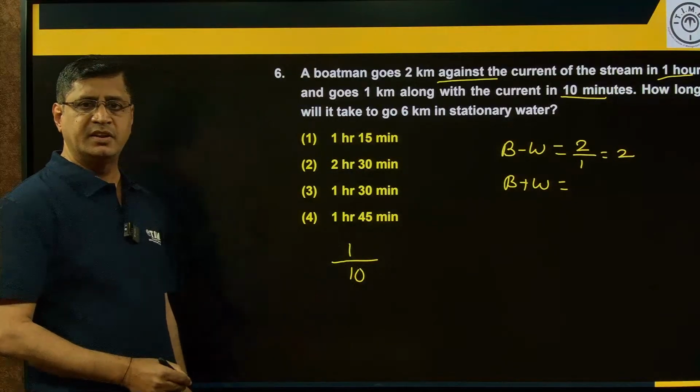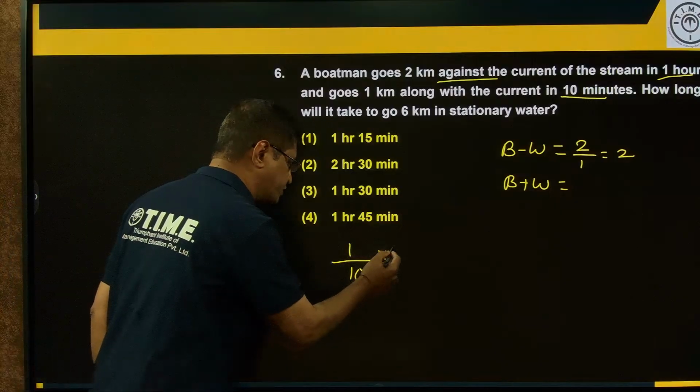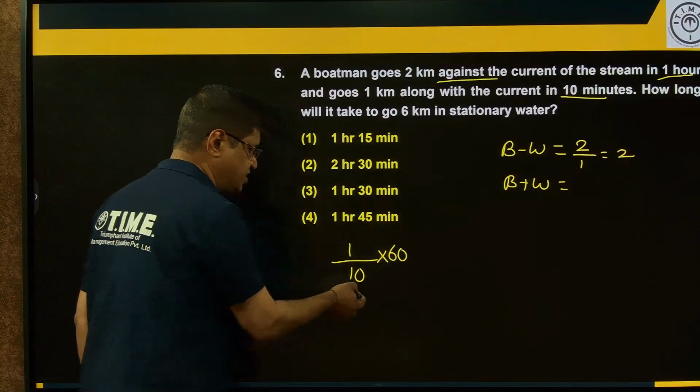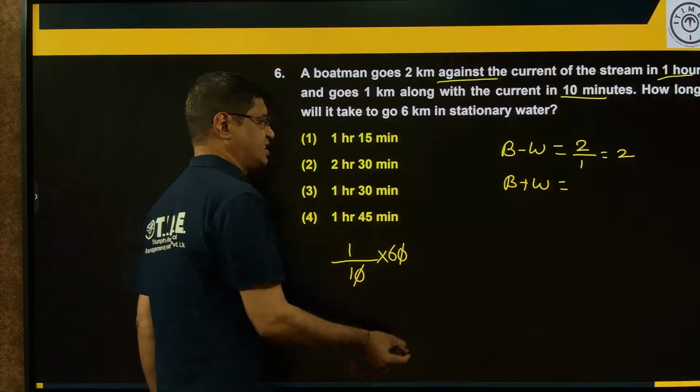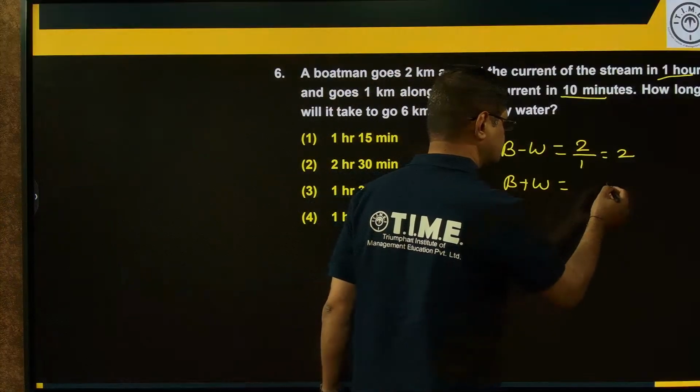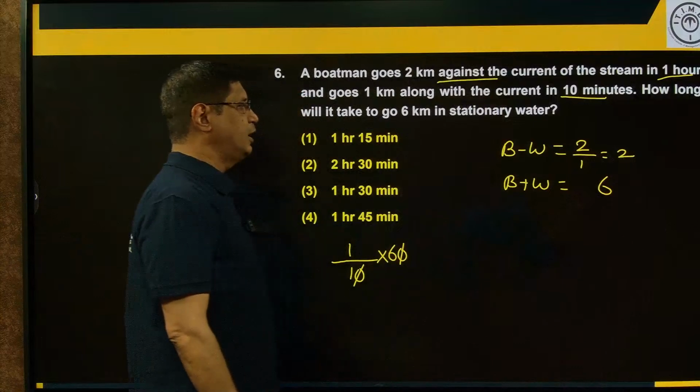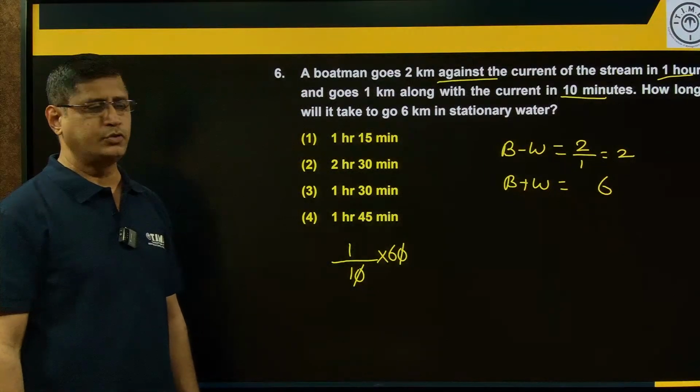Time is given in minutes here, just convert into hours, means divide with 60. I am taking 60 other side. Simplify, it will give 6. B plus W is equal to 6, B minus W is equal to 2.